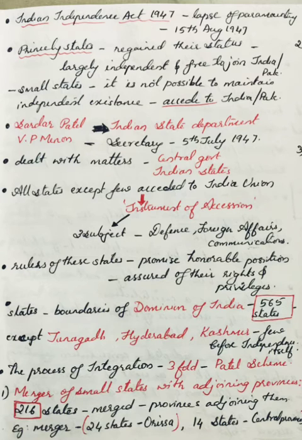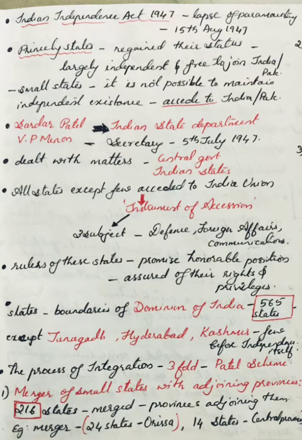Sardar Patel, or Sardar Vallabhbhai Patel, took charge of the Indian States Department, and VP Menon became secretary on 5th July 1947. They both dealt with matters arising between the central government and the Indian states. All states except a few acceded to the Indian Union in accordance with an instrument of accession.